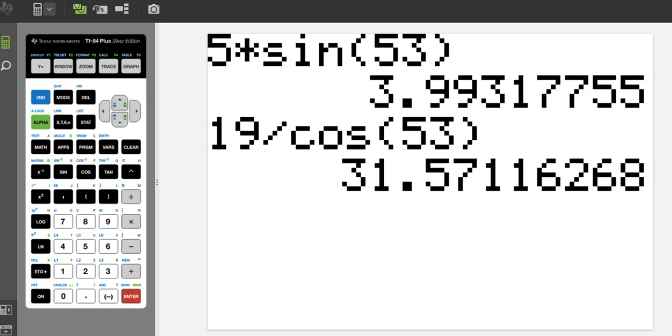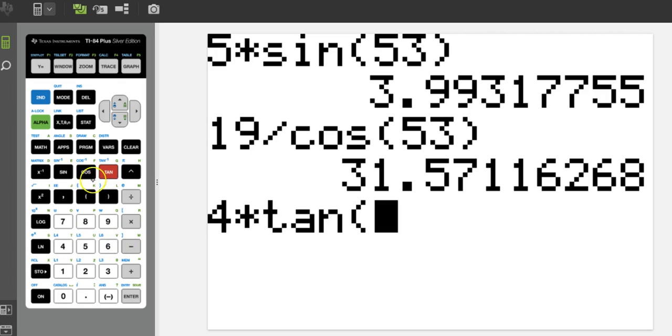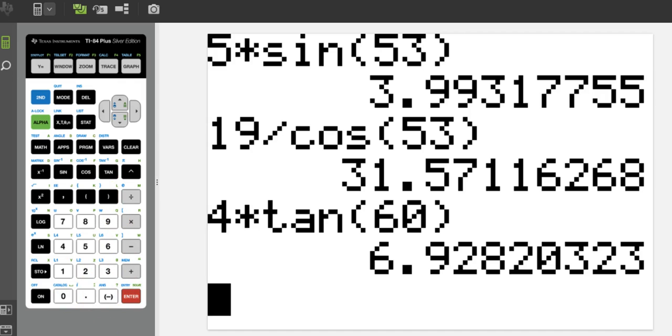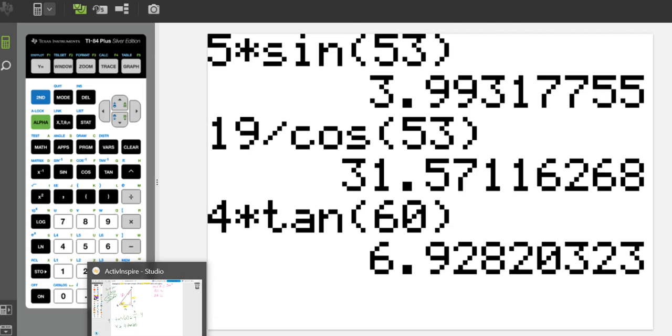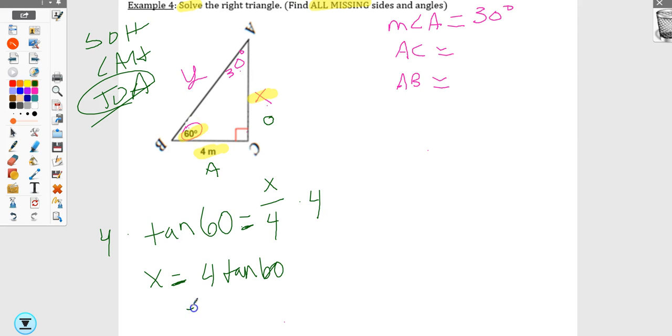So I go over to my calculator, get 4 times tan, again, right next to cosine, of 60. And when I do that, I get 6.93. So X equals 6.93. So that is going to be the length of AC.